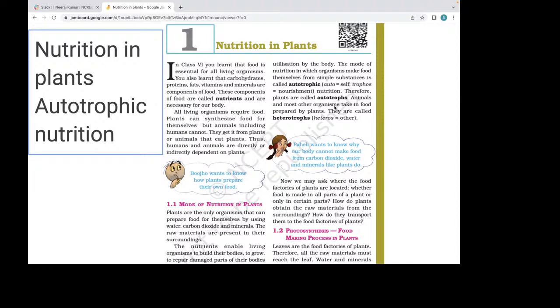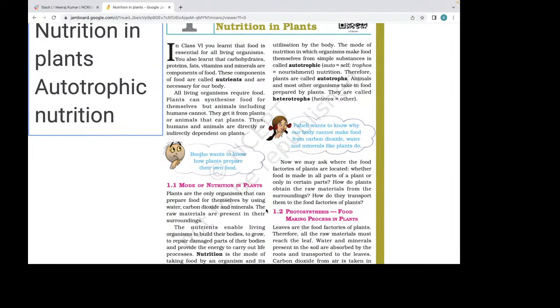Also, this word heteros means other, and auto means self. That is why in autotrophic nutrition they prepare their own food, and we animals are dependent on plants. That is why we are called heterotrophs. Okay, so I hope these two kinds of nutrition are clear.